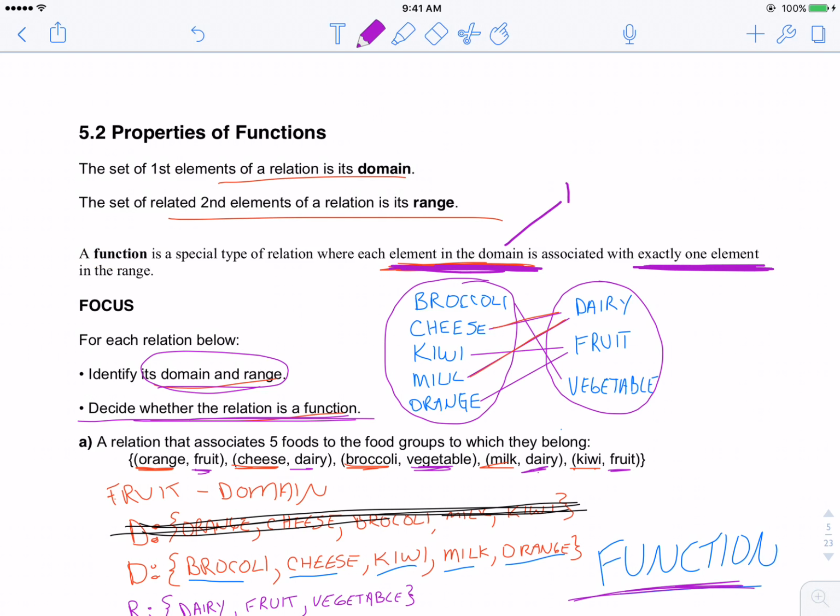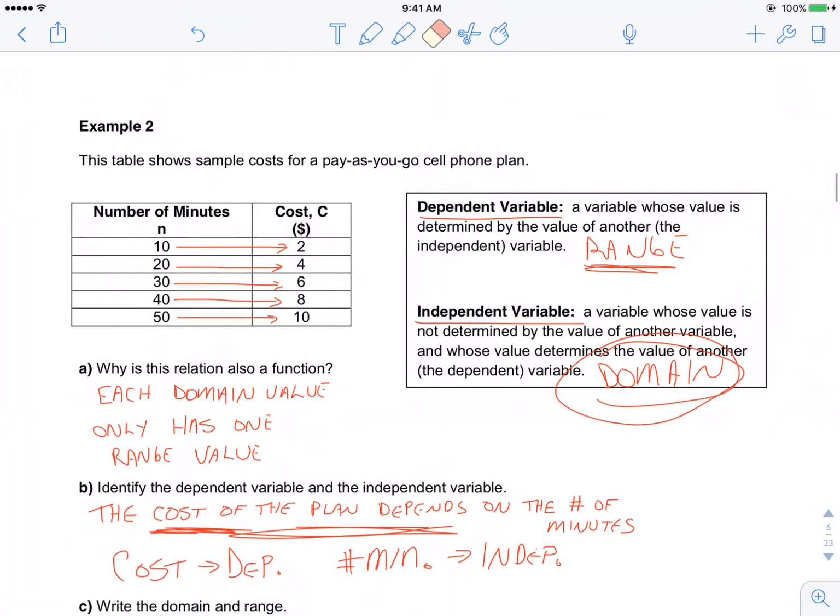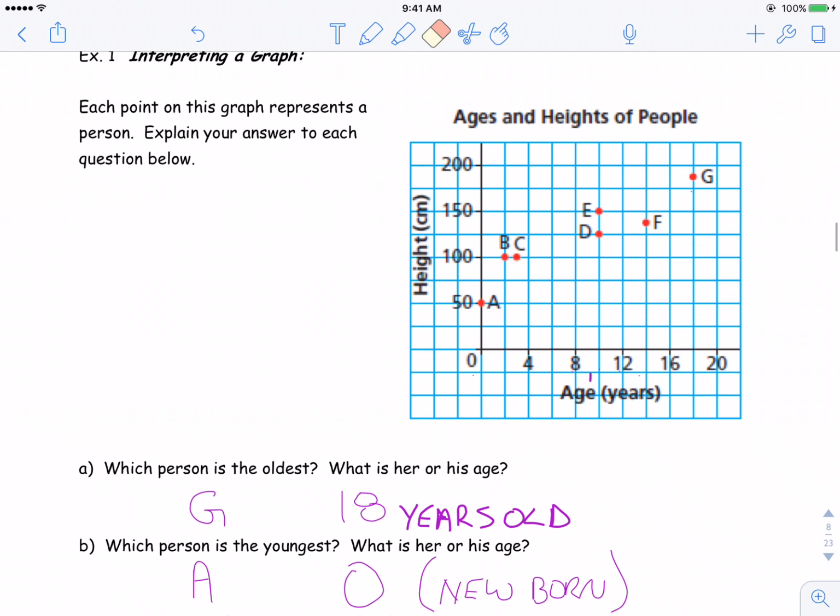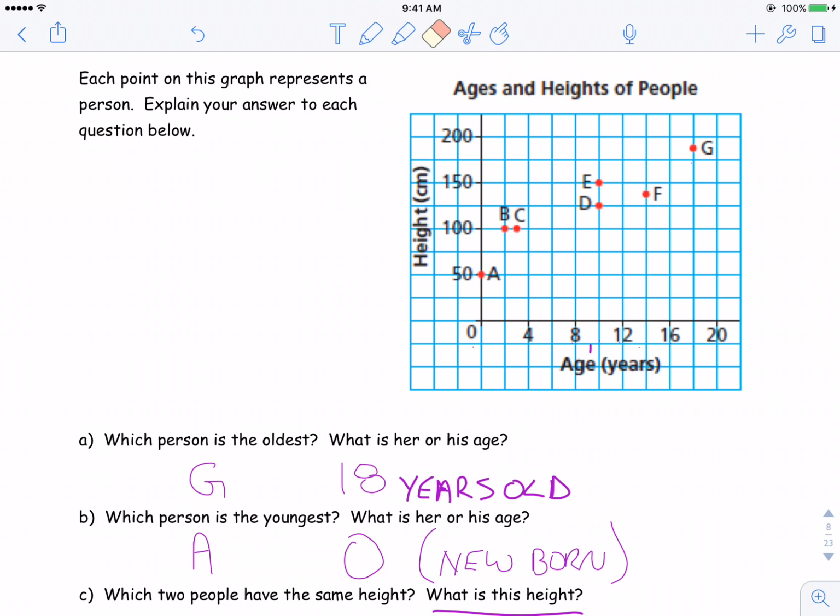Means one x, or in our case, one age only gives rise to one height. Okay? And I'll give you a quick prelude on a quick way to figure out whether something is a function or not. So here, here's our graph.